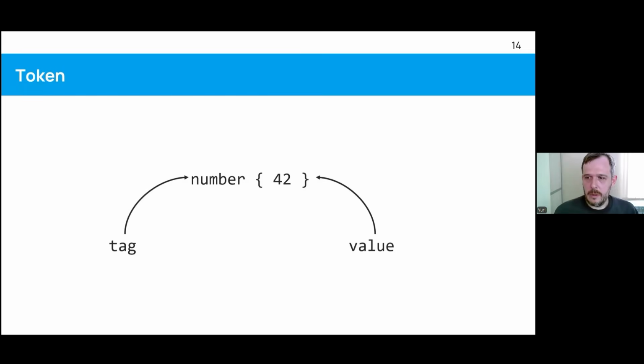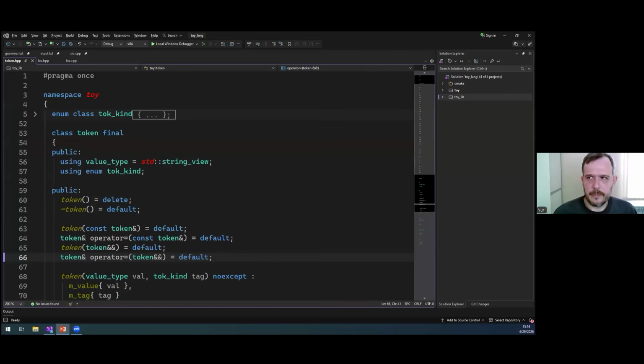Okay, so let's now see how it's going to be done in our language. I don't need this PowerPoint anymore. We are going to move into Visual Studio. I have here a project which I have created for our language.